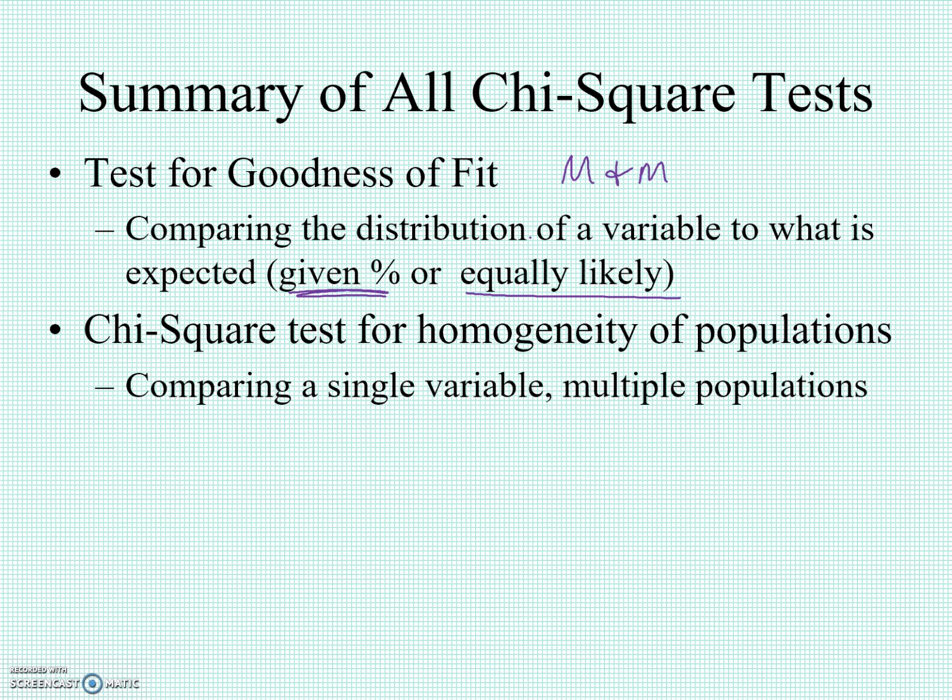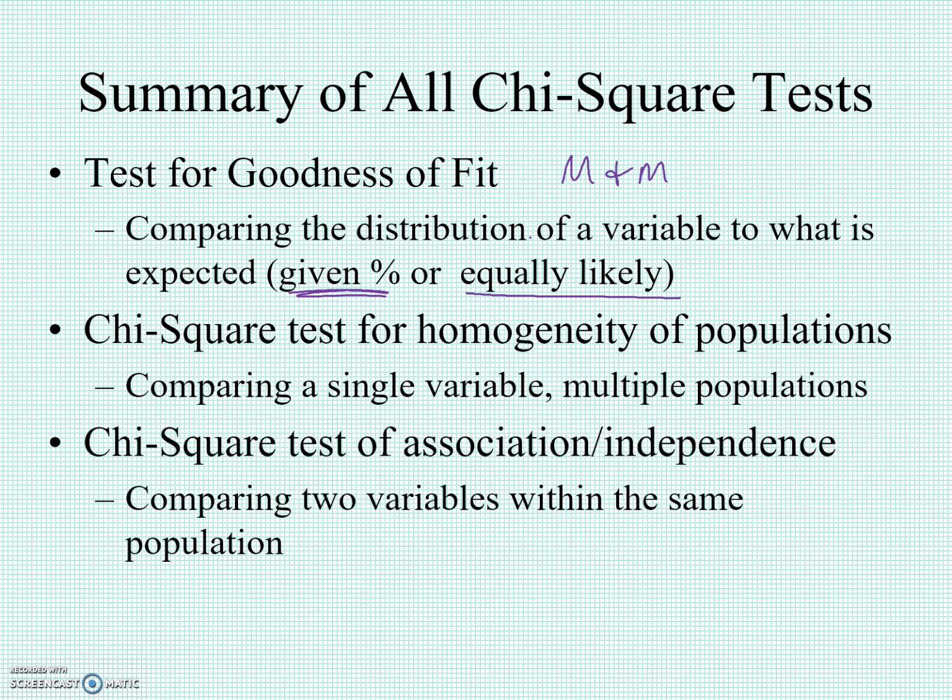Because I have 2 populations, I'm going to do a test of homogeneity. If I had only one population but multiple variables, a good example would be deployed versus not deployed and the cause of death. This is a situation where it's one population, but I'm trying to find out if there's an association between the variables within the population.